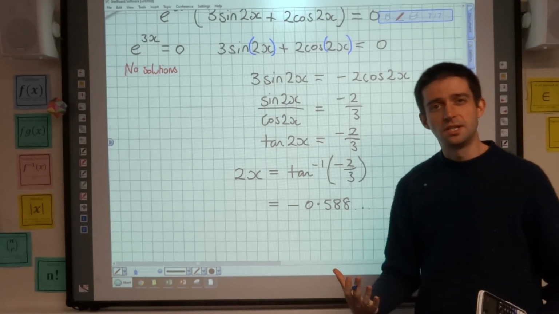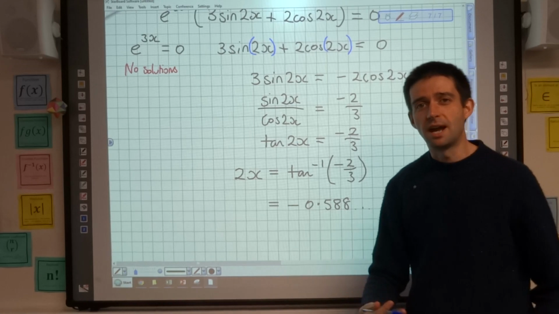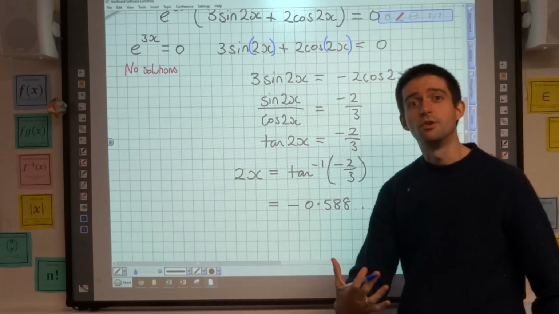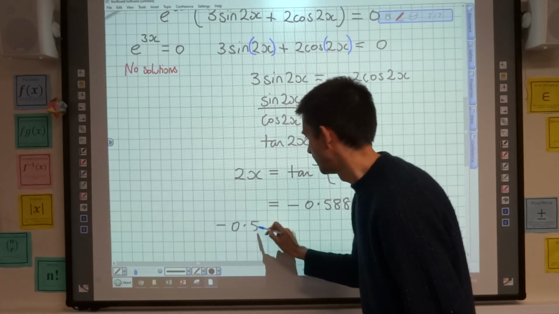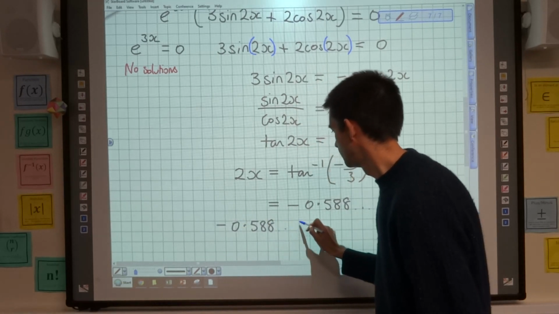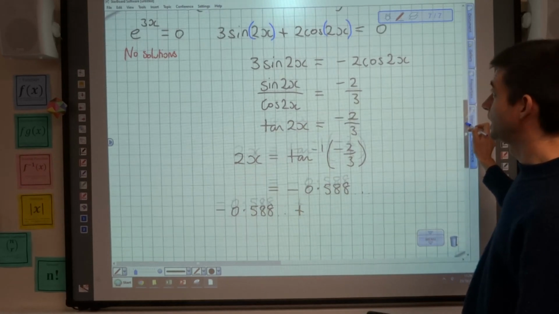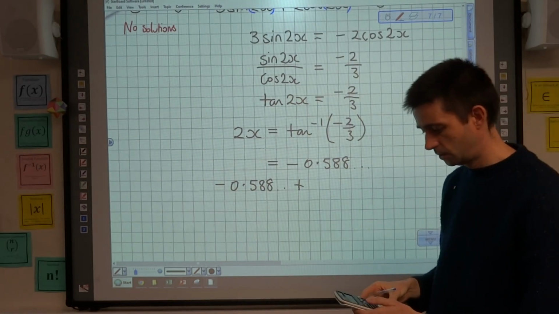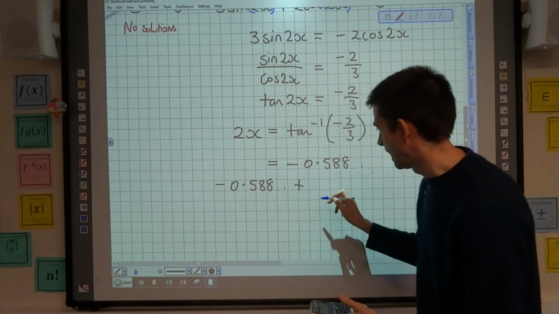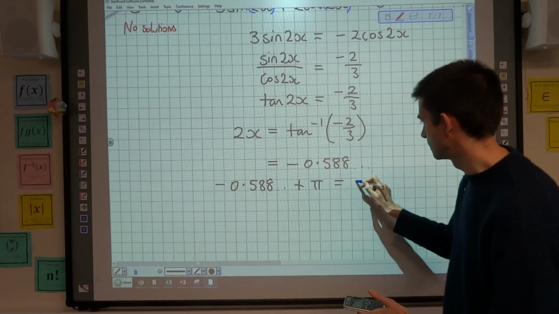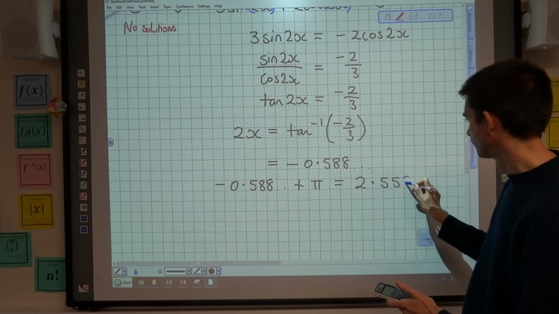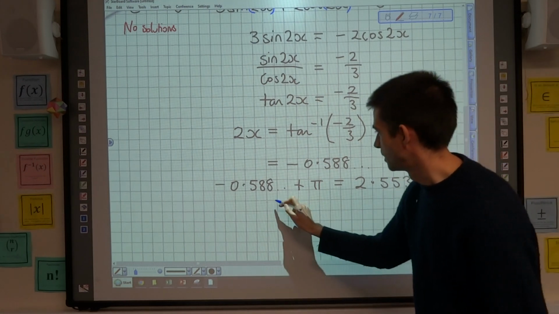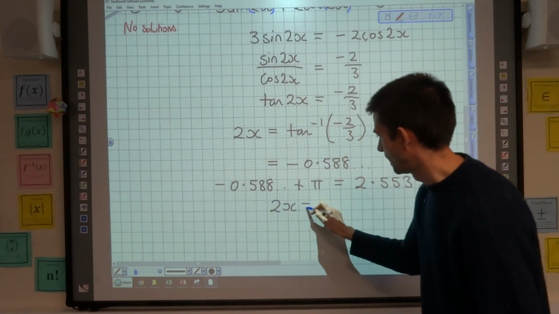So what I need to do is think about tan. Well, tan is going to repeat every 180 degrees or every pi radians. So I need to add pi to this value here to get a second value for 2x. So if I add pi to that, I'm going to get 2.553, etc., etc. And crucially, that is 2x.